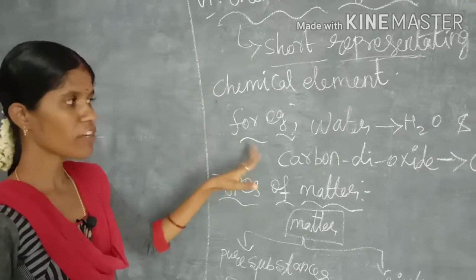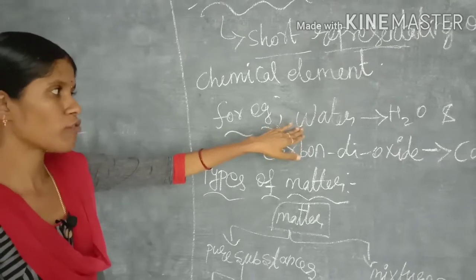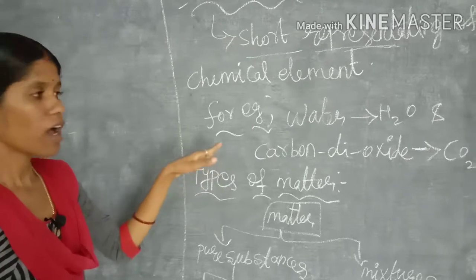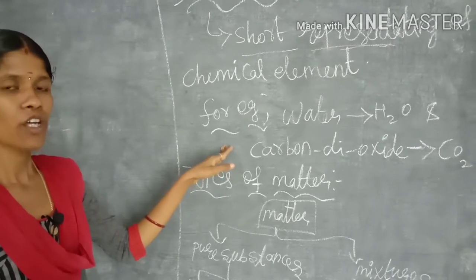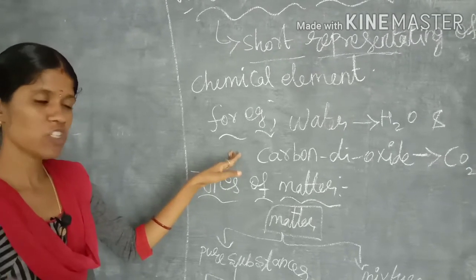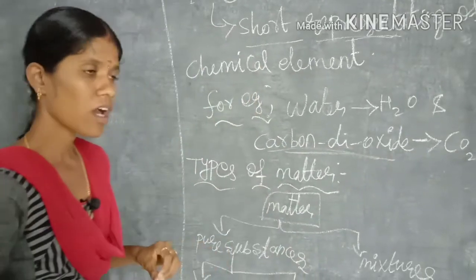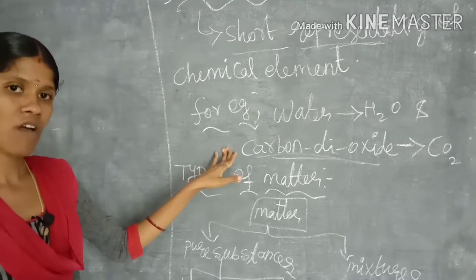For example, if we consider water, the chemical formula or chemical symbol for water is H2O and carbon dioxide is CO2. In an exam, if we have to mention carbon dioxide in words every time, the time taken for writing is very large.